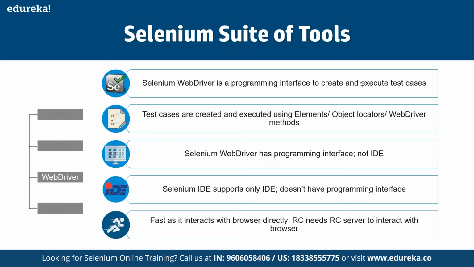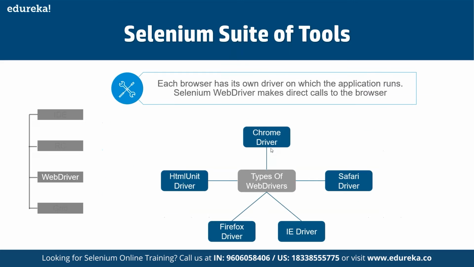All right, and last we have the components of Grid. Again, in terms of WebDriver, we have multiple WebDrivers available. Each browser has its own WebDriver. For example, we have WebDrivers for Chrome, Safari, IE, Firefox, and the HTML unit. Based on whichever browser we want to test the application on, we can test that.